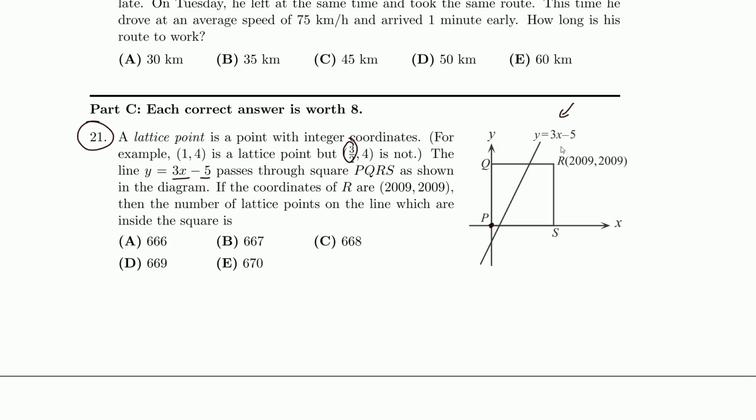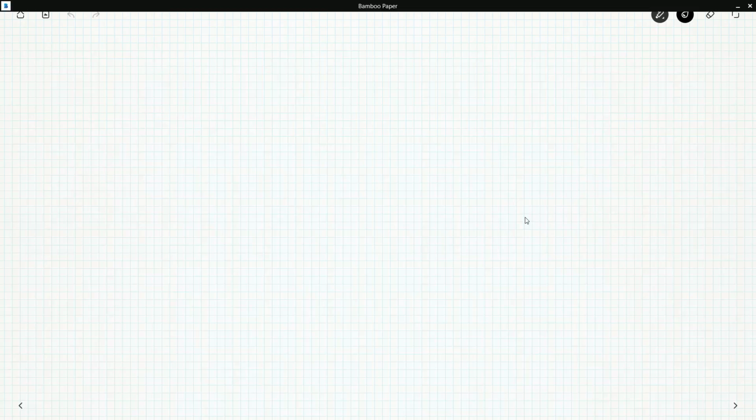So that's not really going to be a problem. We can just count the number of x's that give us points inside the square. But that's the challenge. The square constrains us both in the x coordinates that we can put in and the y coordinates that we can get out. And this is going to lead us to two inequalities.